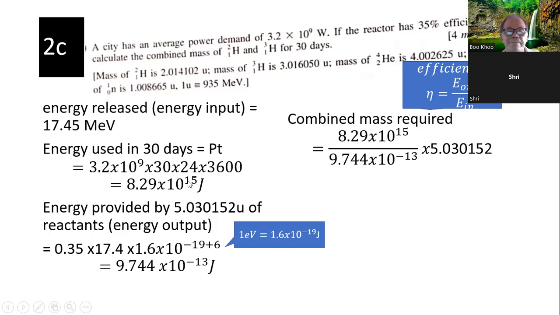Divide by that, times your that value. Right? We are comparing. This is the energy required for 30 days. This is the energy output. Then times the mass produced by interaction of these two.